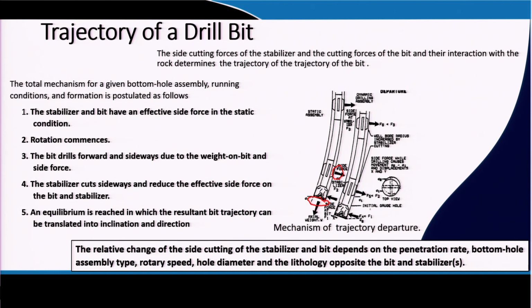This will determine the trajectory by which the drill will go. That is a very interesting study. If this strata is of a different type, then the trajectory will change. Depending on this, in directional drilling you decide in which way the drill hole has to be engineered. Drilling technology is a very interesting subject, but you need to know that the interactions taking place with the rock, the bit, and the stabilizer will make the trajectory.